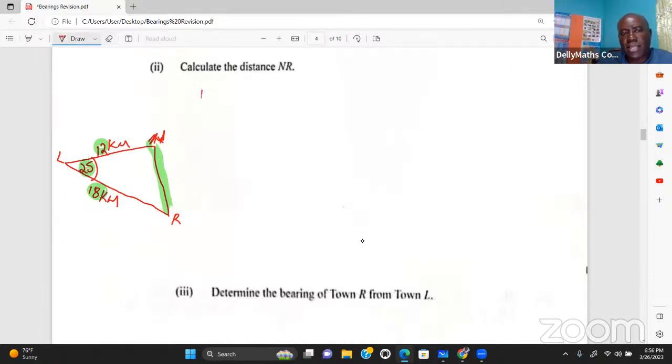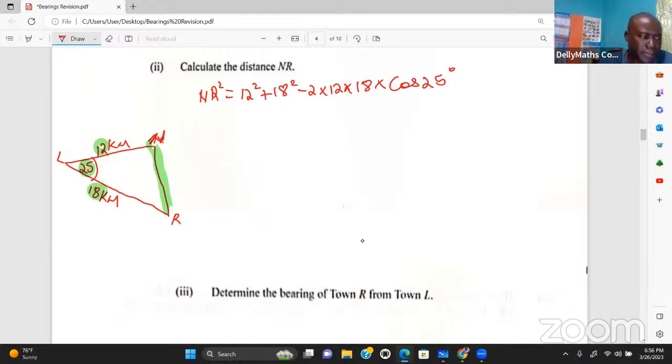So the cosine rule says that NR square will equal 12 square plus 18 square minus 2 times 12 times 18. And you want to multiply this by the cosine of 25 degrees.